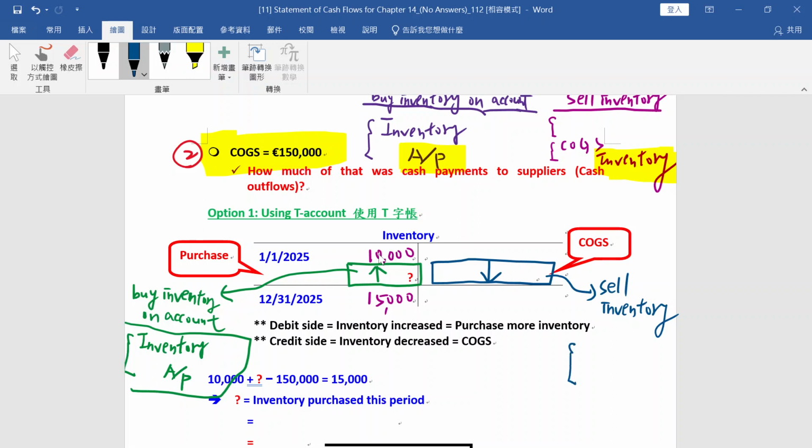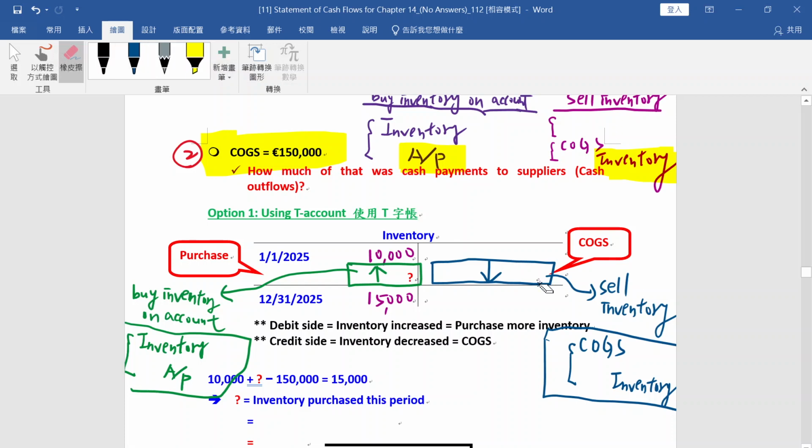Okay, so when you sell the inventory, debit what? Cost of goods sold. Credit what? Inventory decreases. So for increase and decrease, which number do we have? Don't forget, you have cost of goods sold, right? I know cost of goods sold makes our inventory decrease by the same amount. So cost of goods sold is how much? $150,000.